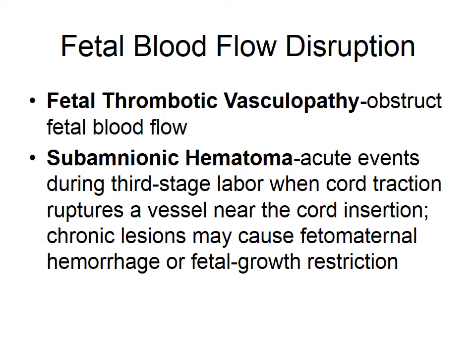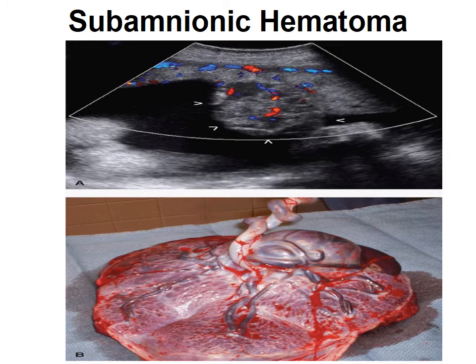They also may be confused with other placental masses, such as chorioangioma. In most cases, Doppler interrogation will show absence of internal blood flow, which permits differentiation of hematoma from other placental masses. On this image, you see subamniotic hematoma.